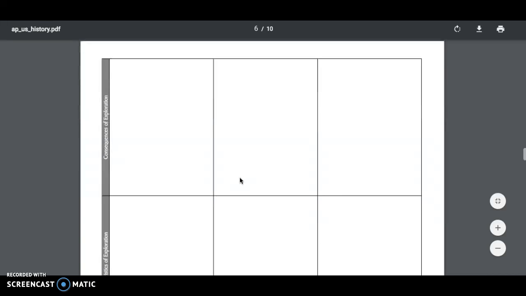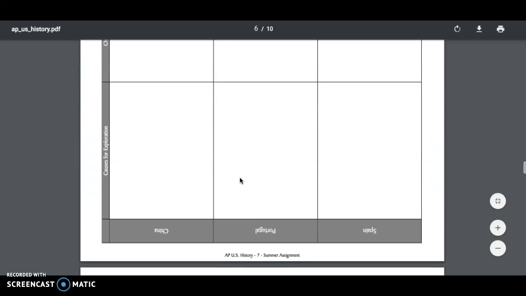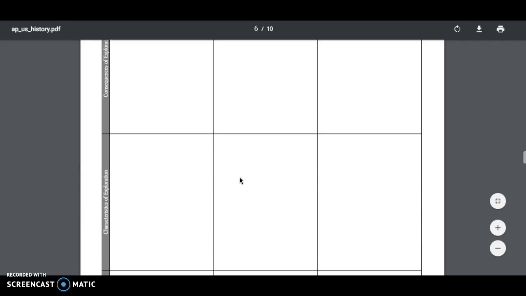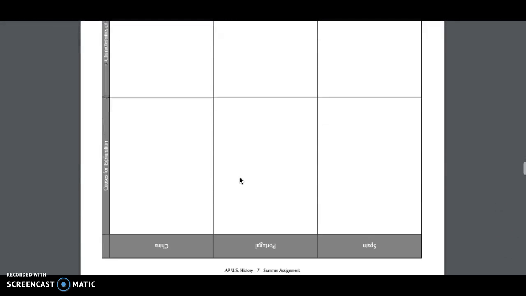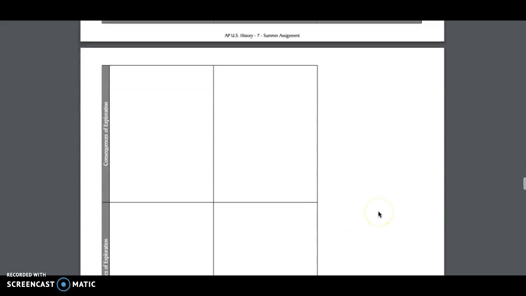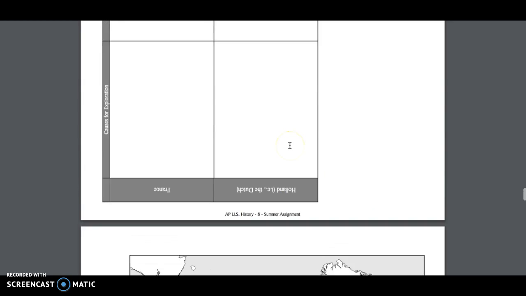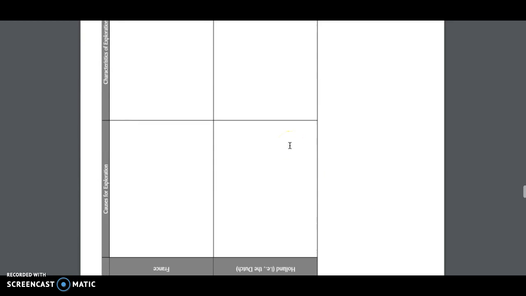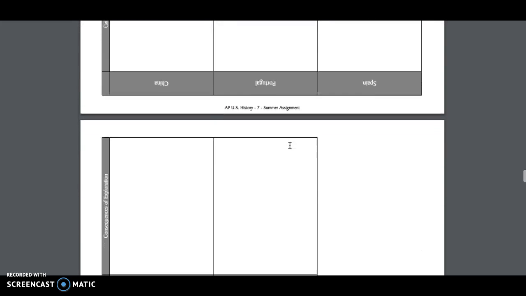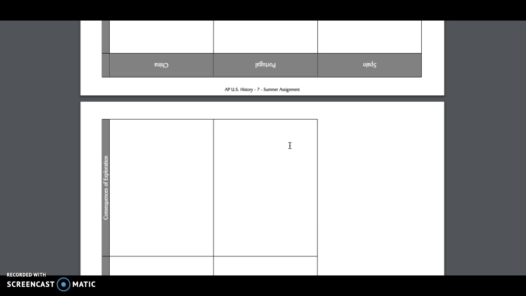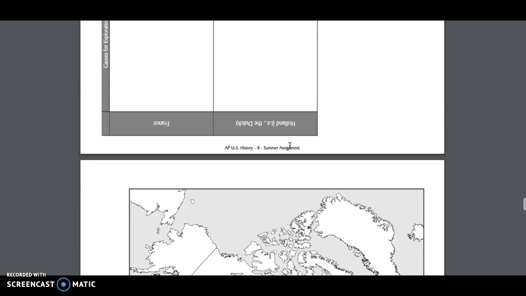You can also go back to it. This one is about the reasons for exploration among these three groups, and then there's two more over here. So causes for exploration, the characteristics, and the consequences. So again, that sounds like chapter one to me.